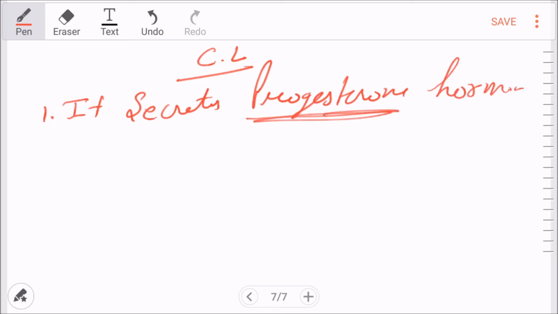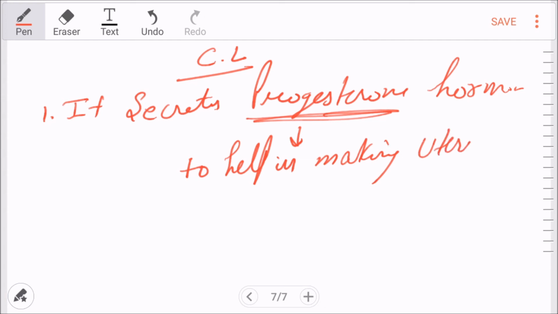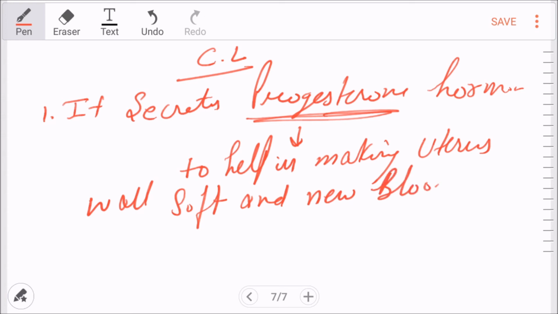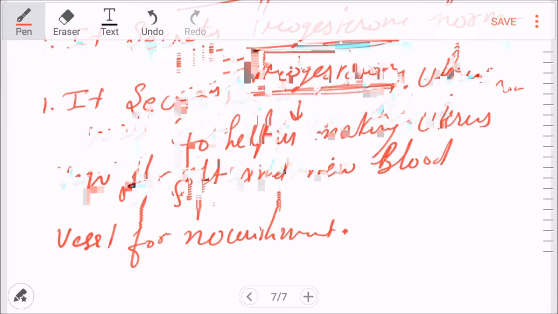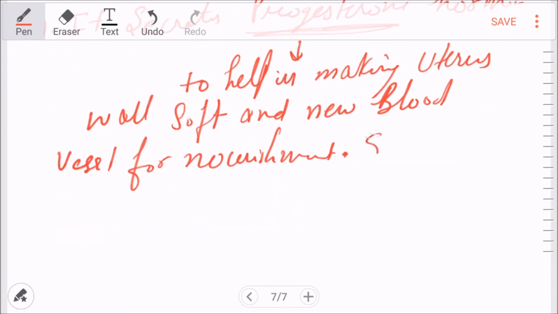The main role of progesterone hormone is to help in making the uterus wall soft and new blood vessels for nourishment. This means the secretory phase.